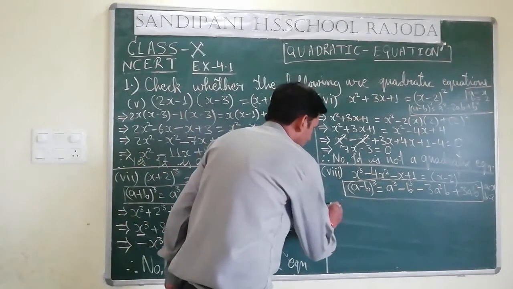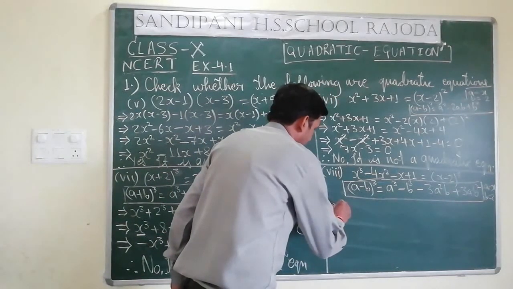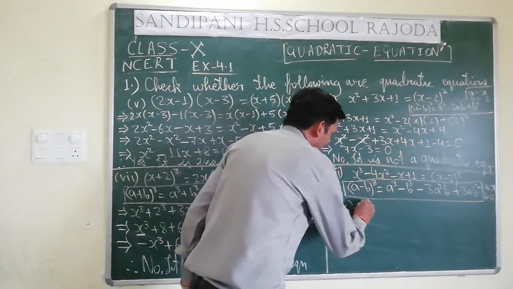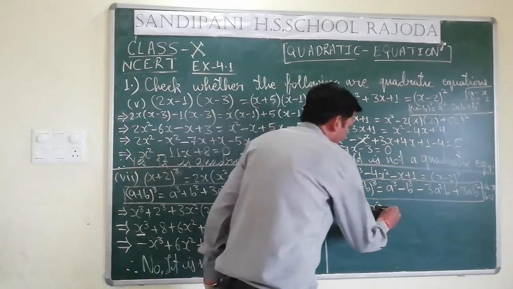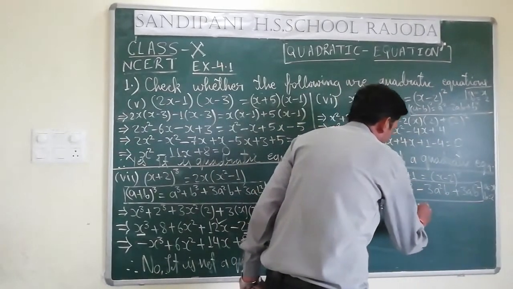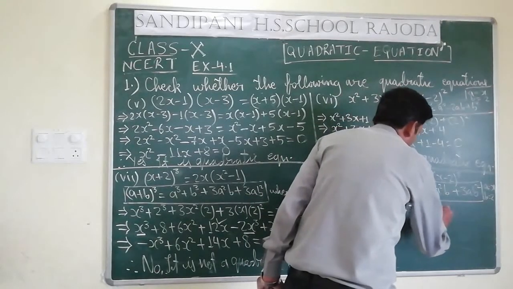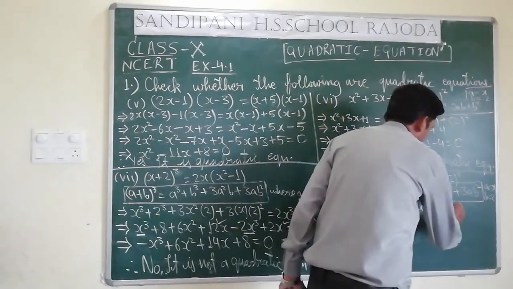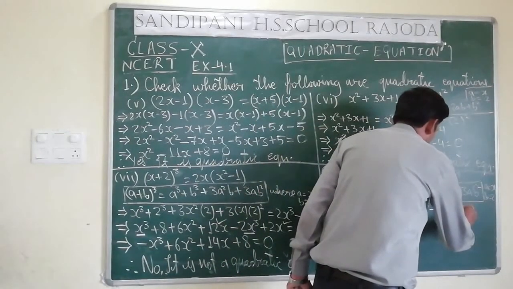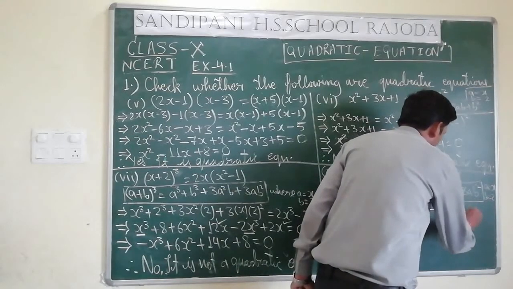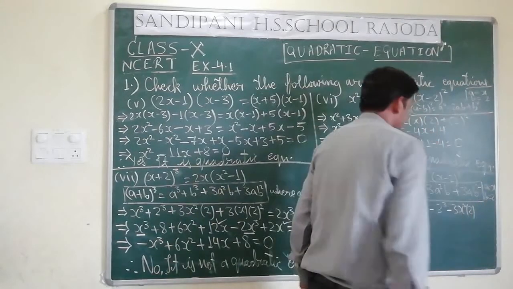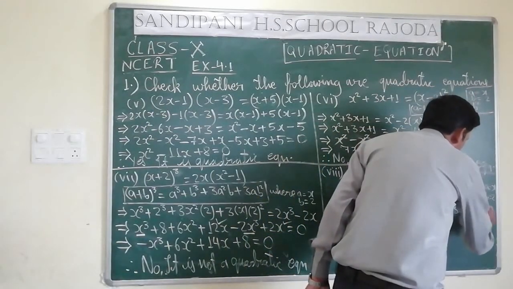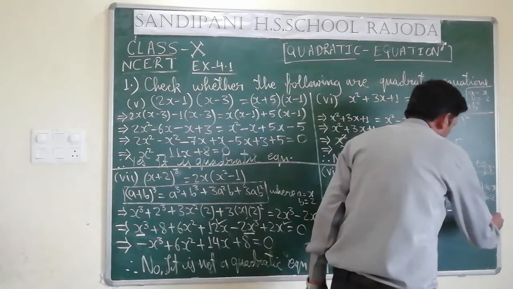So it will be equal to, it implies that x cube minus 4x square minus x plus 1 is equal to x cube minus 2 cube minus 3 into 3x square into 2, because 3a square b is there, and here it is positive, plus 3ab square means x into 2 square.